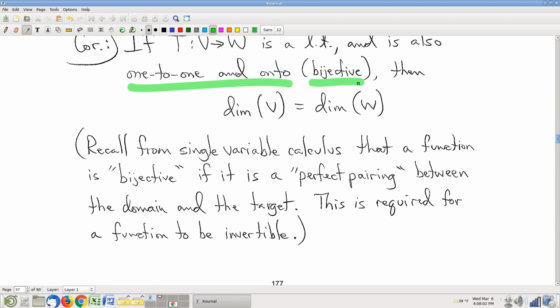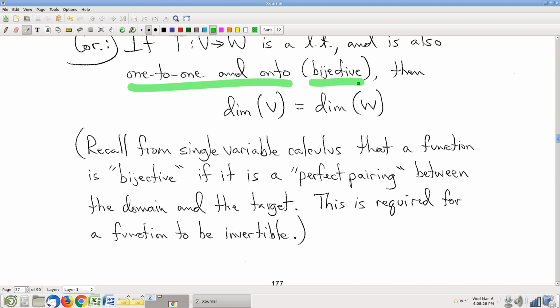I know all of y'all have had Calc 1 courses. In a Calc 1 course, it's really necessary to define an invertible function, because you talk about arc sine, arc cosine, and natural log. In order to define what it means for a function to be invertible, you have to talk about it being one-to-one and onto.